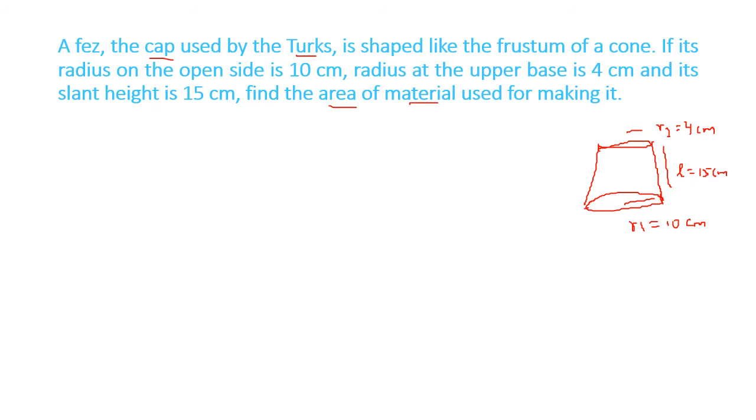So how is the material used? The material used is CSA of frustum, the side, plus this top is also covered, so area of top. So CSA of the frustum, what is the formula for CSA of the frustum?